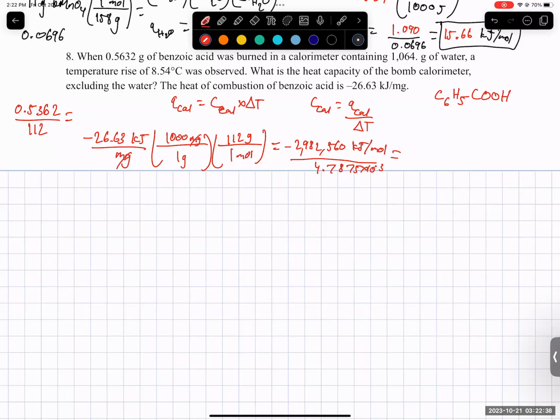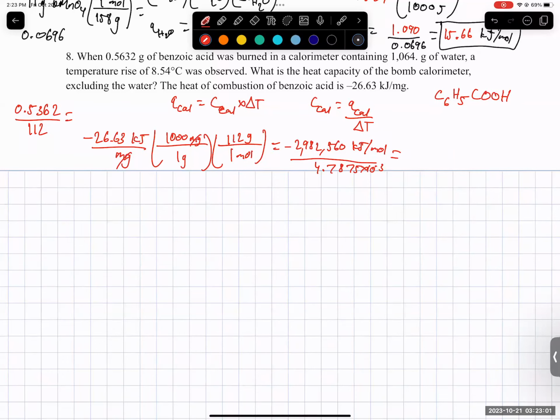So doing the math here, we're gonna do 2,982,560 divided by 4.7875. Did you get 2,982,560? So that's when converting the kilojoules per milligram into kilojoules per mole.